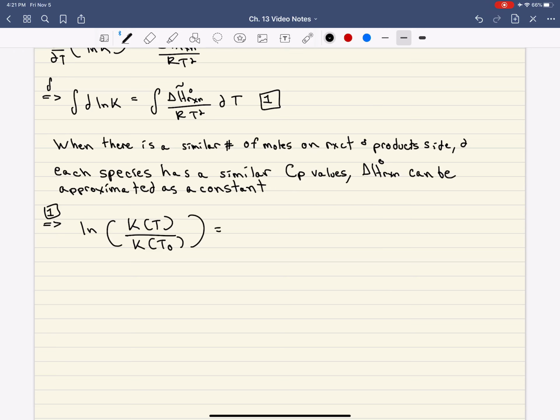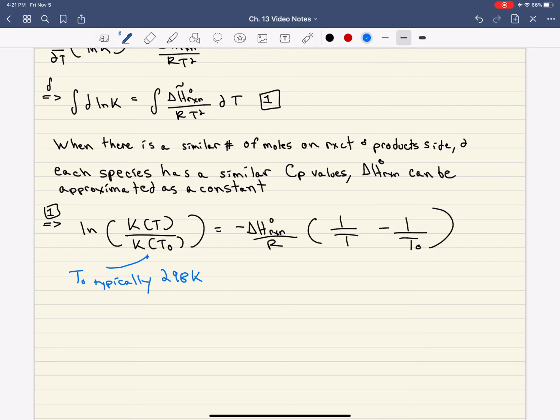That's going to be equal to negative delta H reaction over R times 1 over T minus 1 over T naught. Okay? And typically, your T naught is defined as being room temp, or 298 Kelvin.